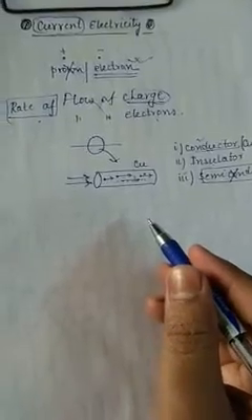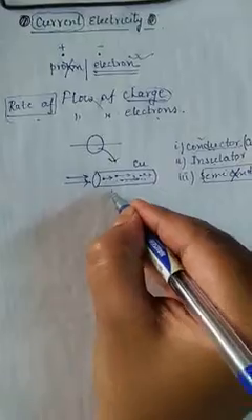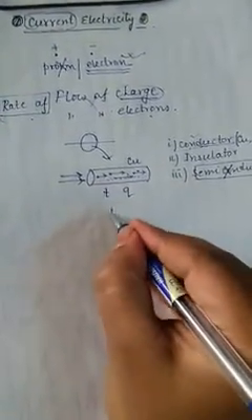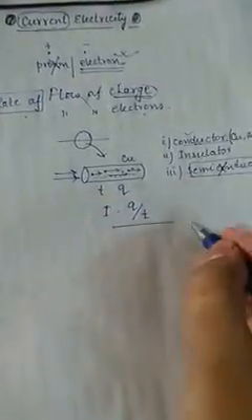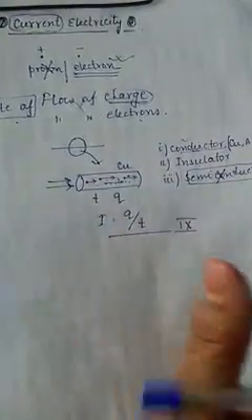If we want to go mathematically, suppose in time t, q amount of total charge is flowing, so the current is I equal to q by t. All these things you have read in the previous class, that is class 9, so I am not going into detail about this.